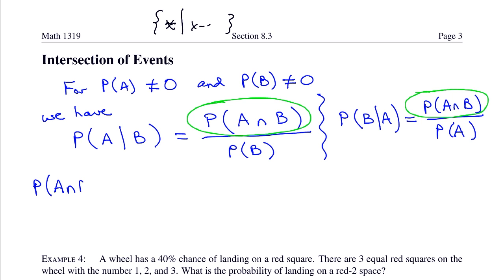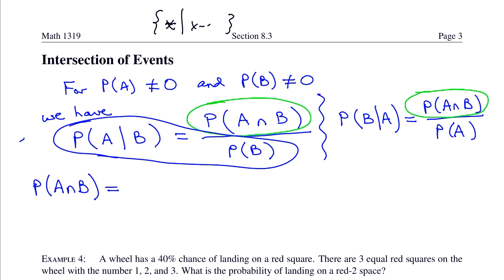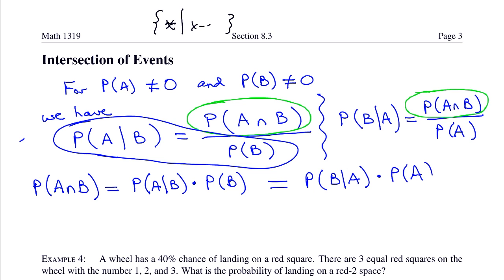The probability of A intersect B is equal to either this first piece, where these have been cross-multiplied, so it's the probability of A given B times the probability of B, or, from the second equation, it's the probability of B given A times the probability of A.